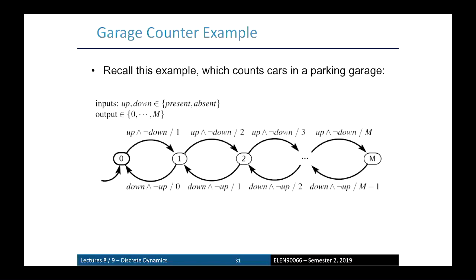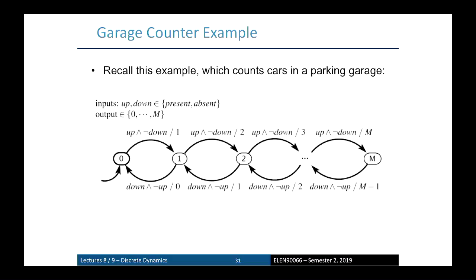to show you again the non-uniqueness, if you like, of FSMs. We had a very simple FSM last lecture that counted the amount of cars in a parking garage. There were some basic pure inputs, up and down, and one output that signalled the amount of cars that were present in the parking lot.